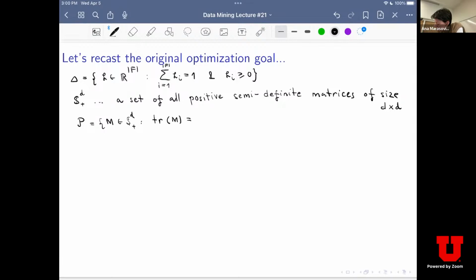Remember, the trace is the sum of all values on the diagonal of the matrix, so the sum of all M_ii.